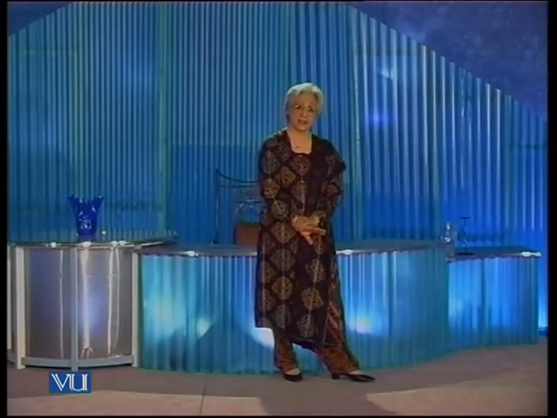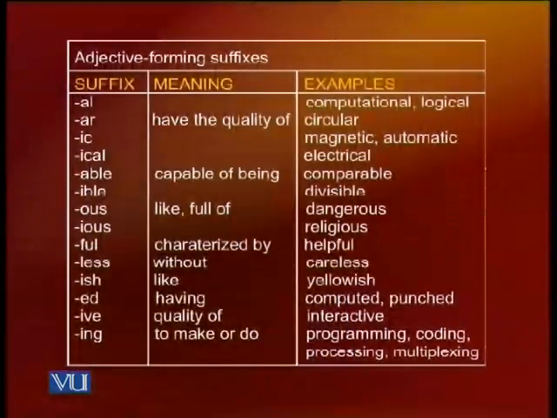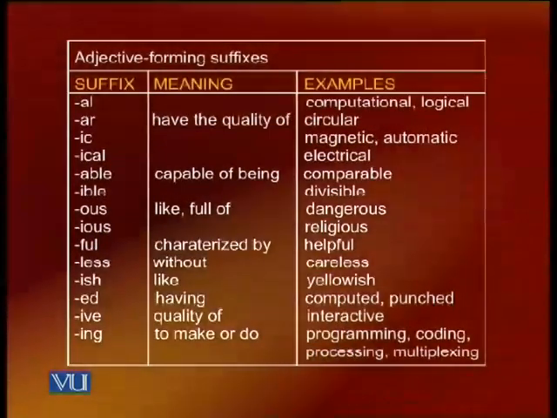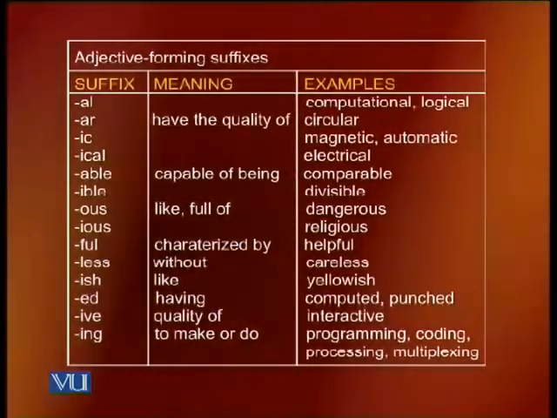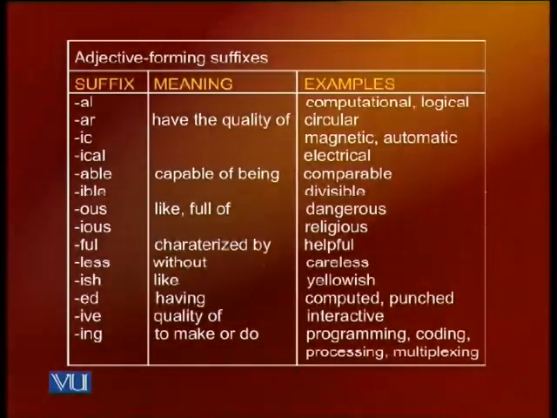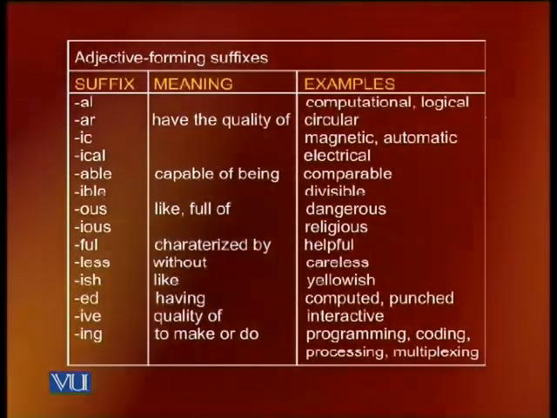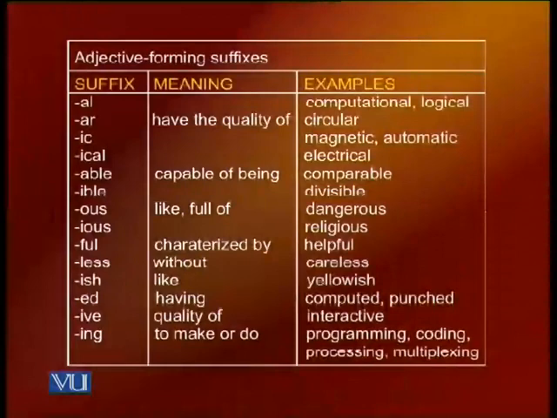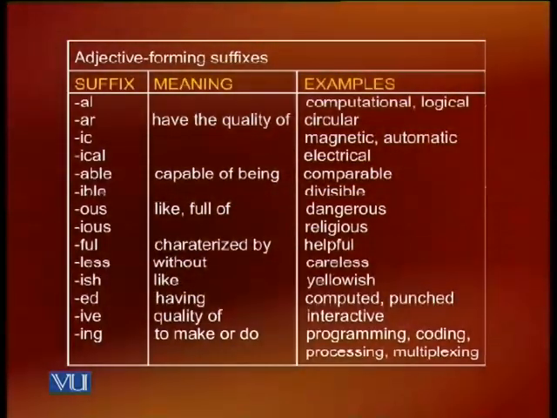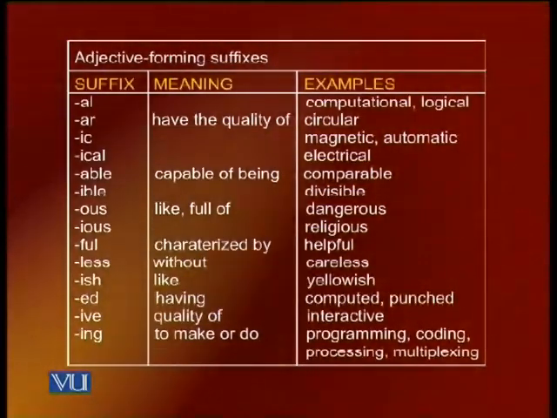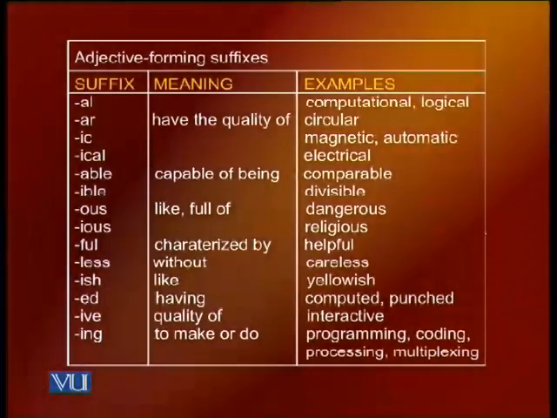In the same way, there is a long list of words that become adjectives if you add suffixes to them. And the suffixes are al, ar, ic, ical. All four have the meaning of the quality of. If you add al to the word computation, it becomes an adjective.